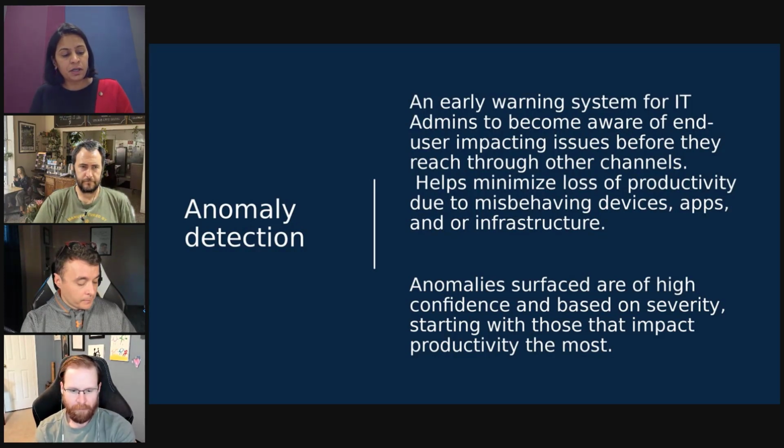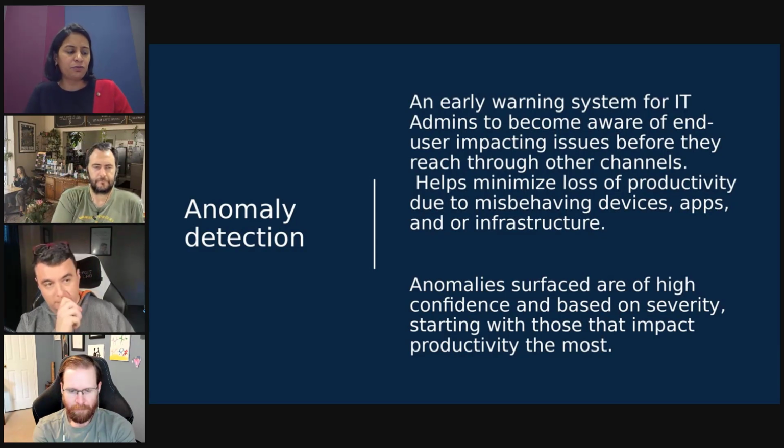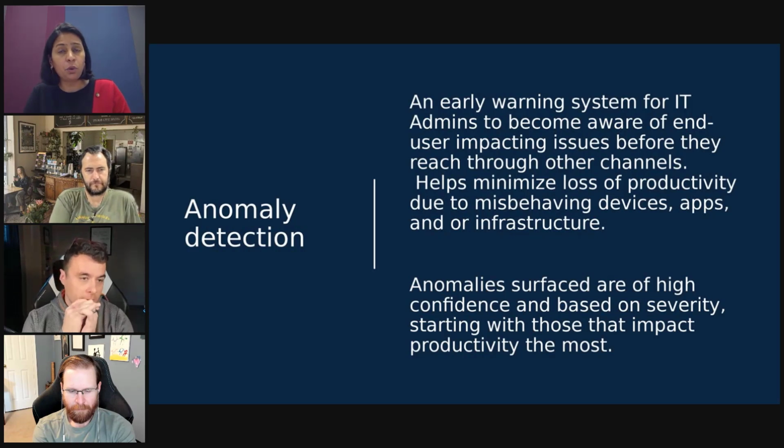Eventually, as we start narrowing it down, we also go through what we call the threshold-based heuristic model. That means, let's say, if 10% of the devices in your organization have undergone this app crash or app hang, and if this has happened over a period of 48 hours, we are surfacing this as a high severity anomaly, right?